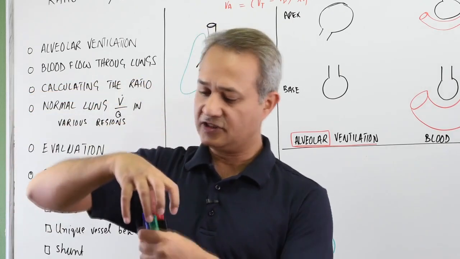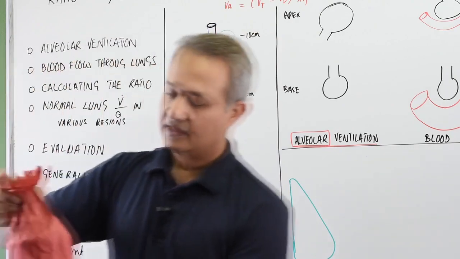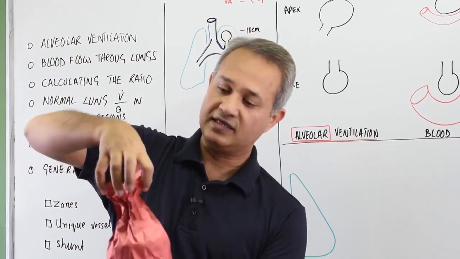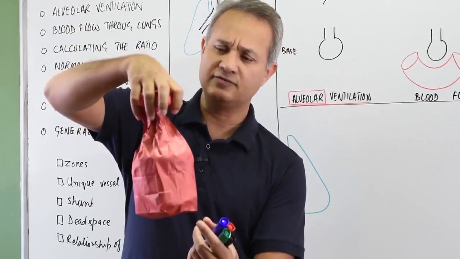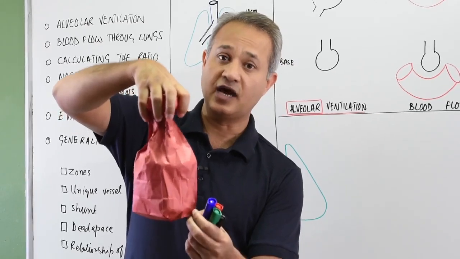So there is lung tissue trying to go down while the chest cavity and pleura, the whole mechanism we discussed again and again, is trying to keep it up.